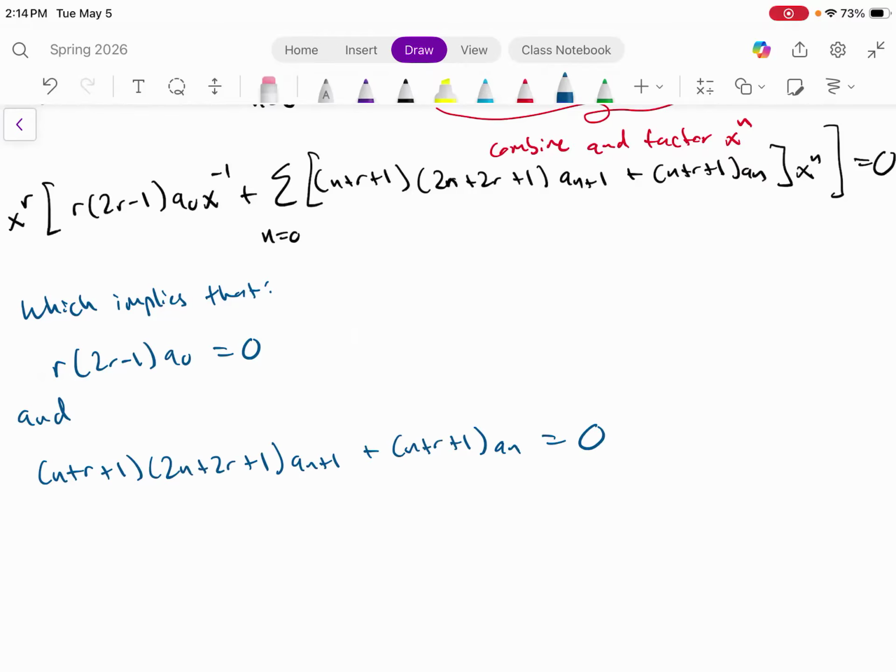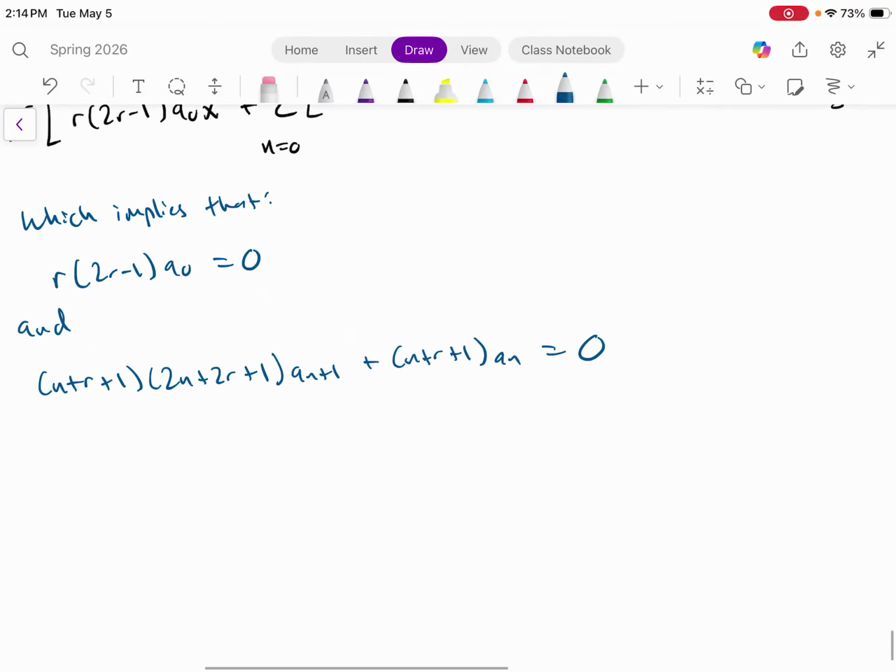Okay, so for our first equation, we can note that nothing is gained from a naught being 0. That will just ruin our whole solution.